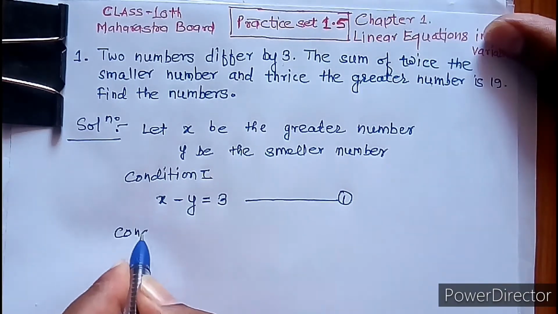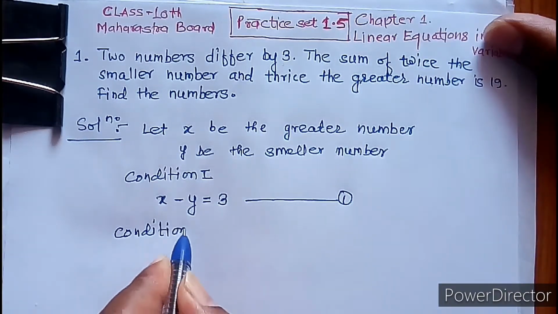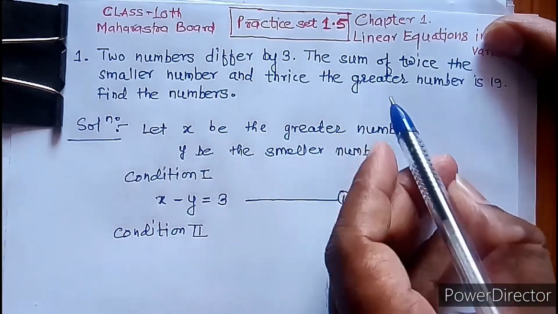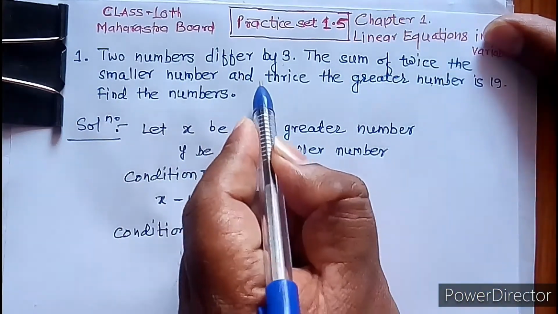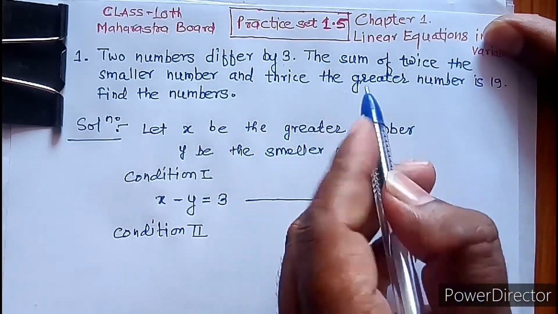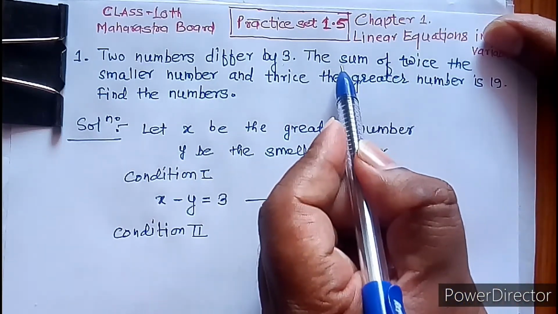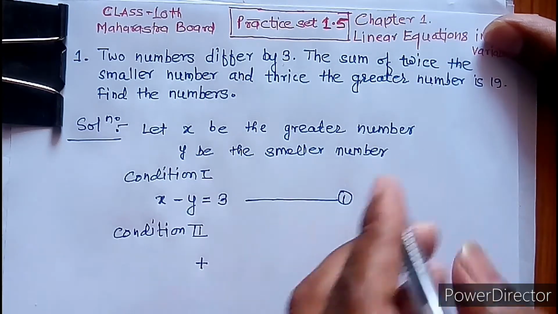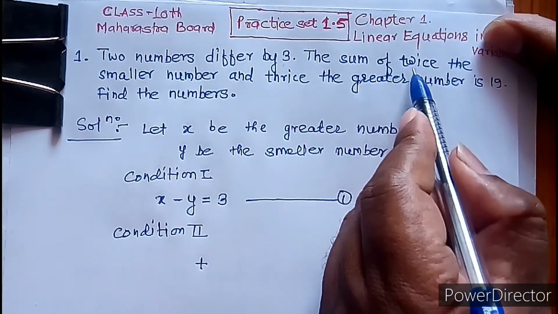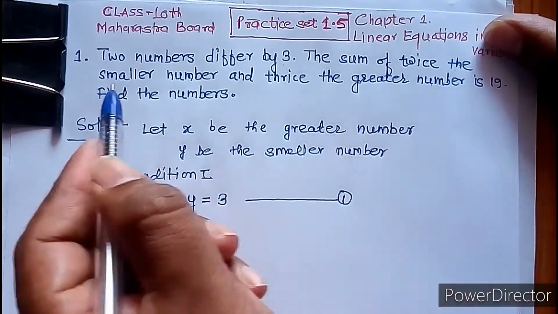Now condition number 2. The second condition is the sum of twice the smaller number and thrice the greater number, means addition of twice the smaller number and thrice the greater number.